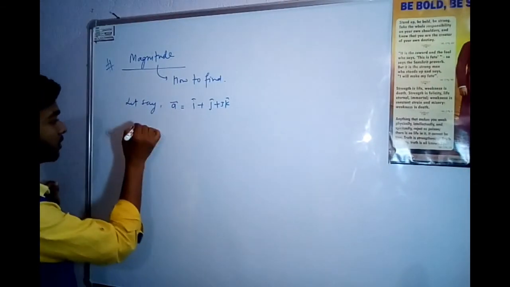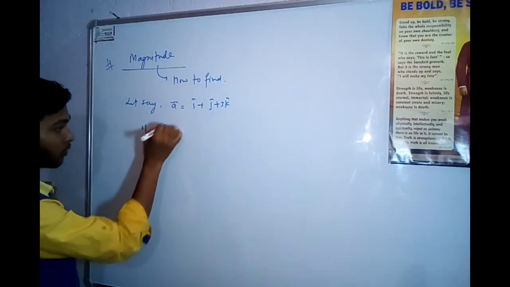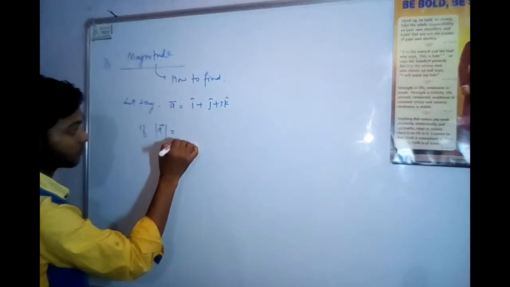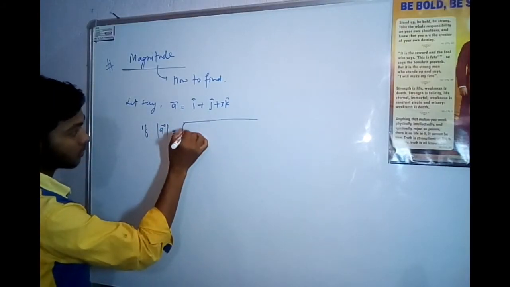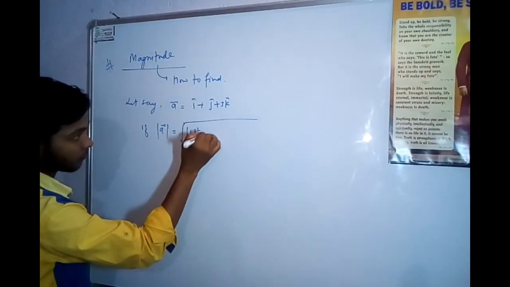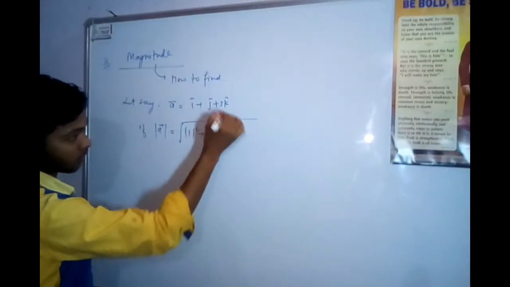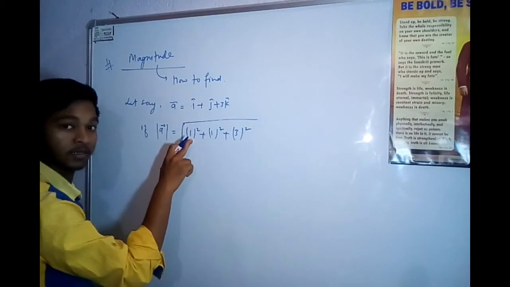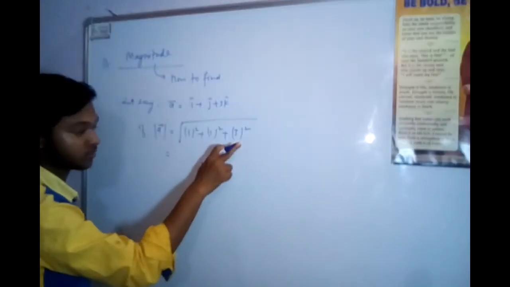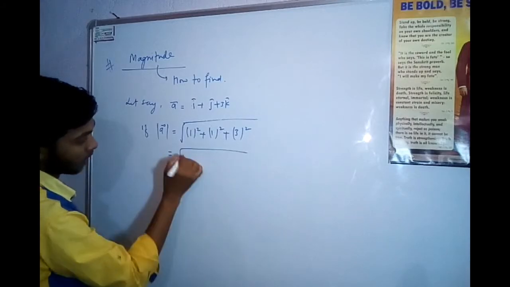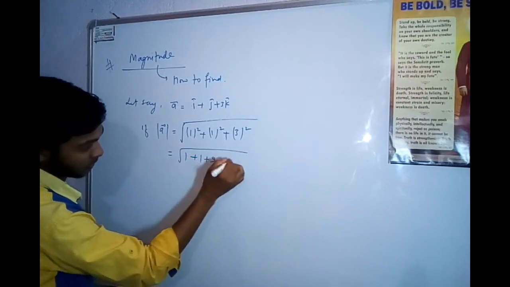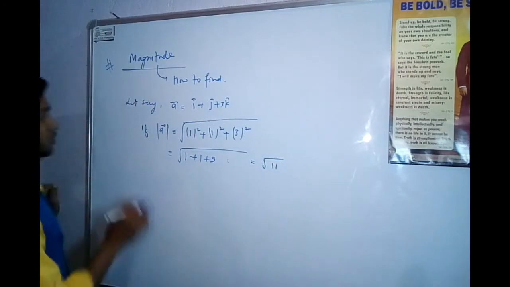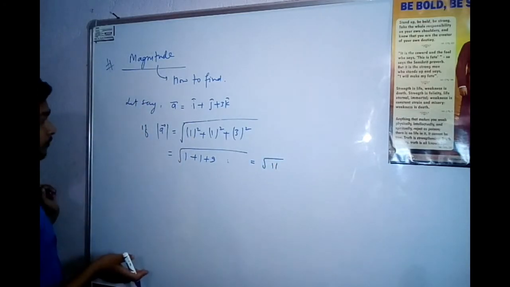If we want to calculate the magnitude of A, then we will have to do this square plus this square plus this square. This is for the x coordinate, this is for the y coordinate, this is for the z coordinate. How much? 1 plus 1 plus 9, that is equal to root 11. So in this way we calculate the magnitude.